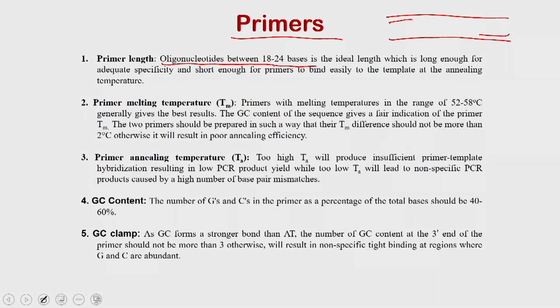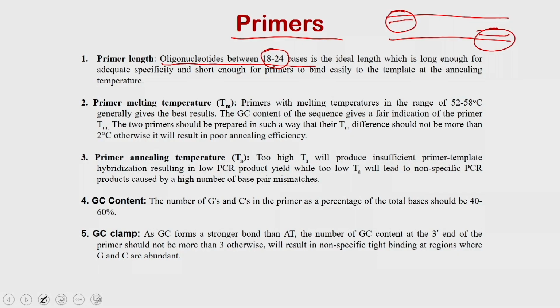Irrespective of whether you are designing the forward primer or the reverse primer, the length should be somewhere around 18 to 24 base pairs, and if you go lower than this, you are going to compromise the specificity, that particular primer is going to bind to different regions, and that is how you are going to have non-specific amplifications.